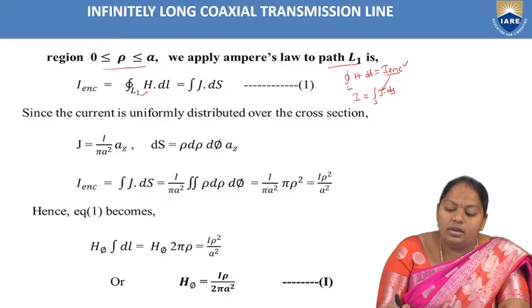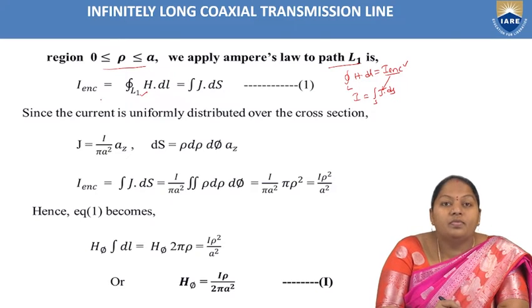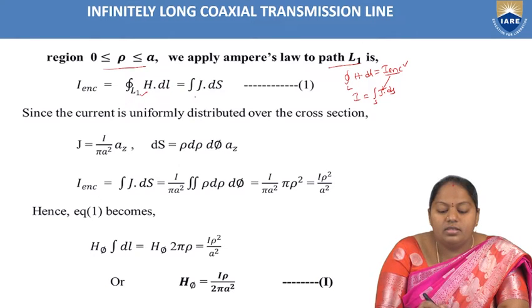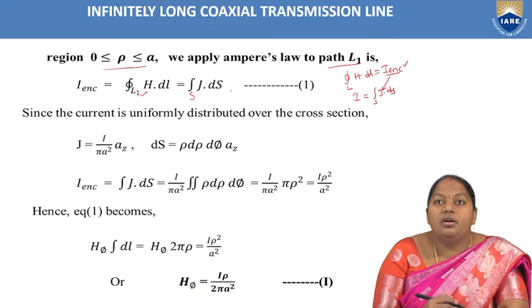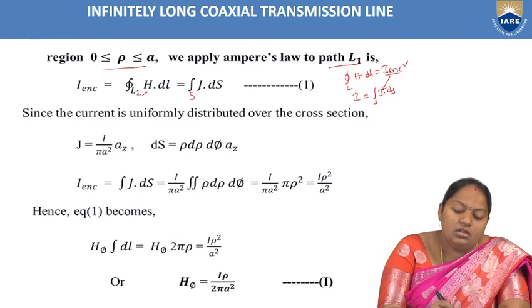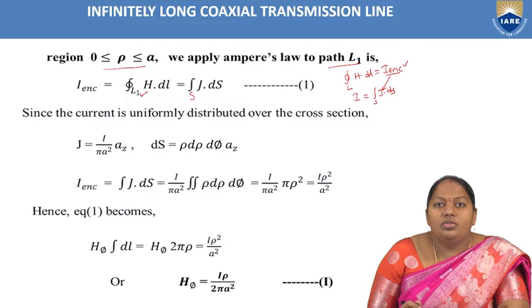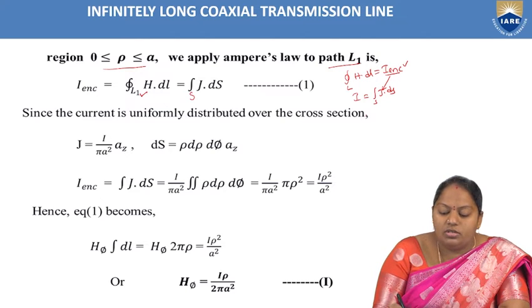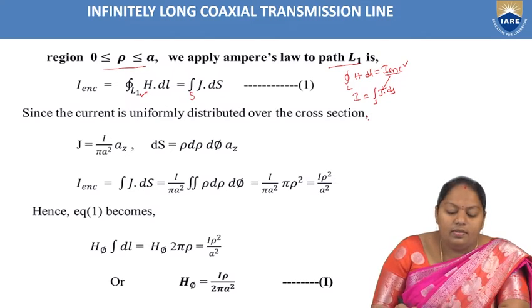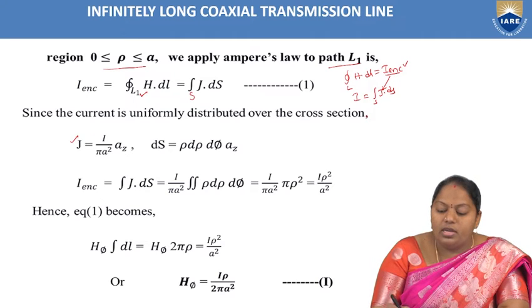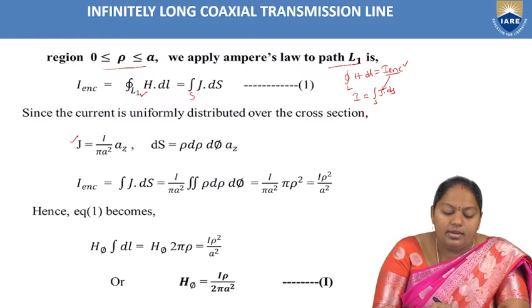We consider L1 because we are going to estimate the H value for path L1. Since the current is uniformly distributed over the cross section of the coaxial transmission line, we calculate the J value, where J is the current density.